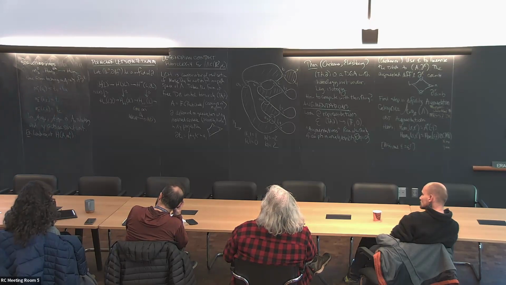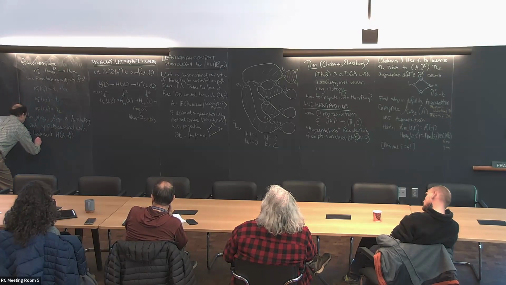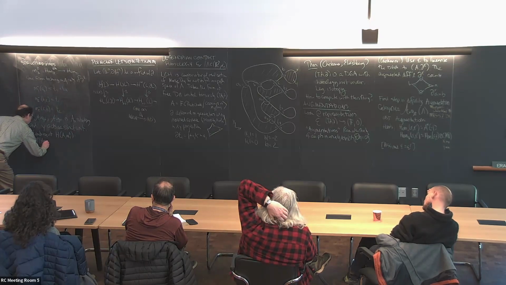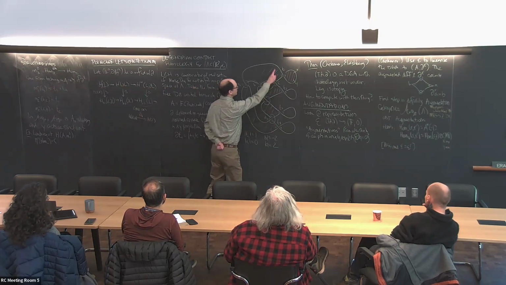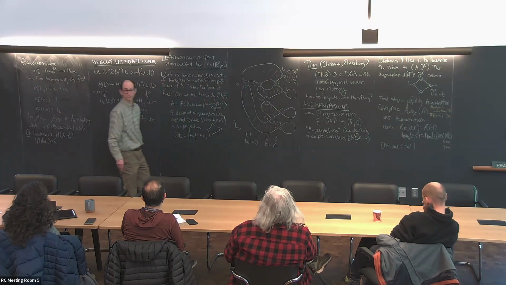Well, let's see, what do we get? So for cohomology of minus, that turns out to be generated by B, C, and then any one of the T's, they're all equal.